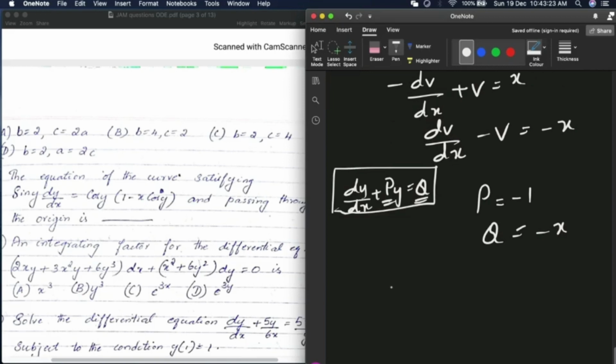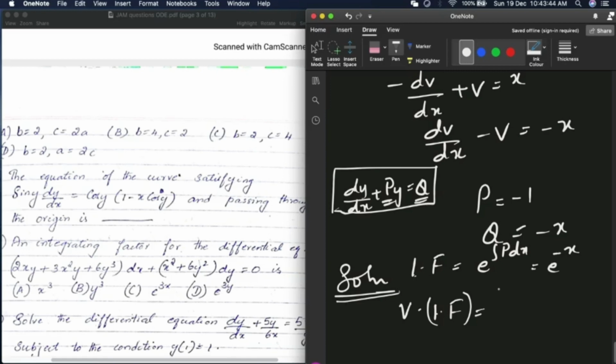You can directly write the solution once you identify the linear differential equation. So v into the integrating factor. Integrating factor is e raised to integral p dx, e raised to minus x. So v into the integrating factor is equal to integral q into integrating factor dx.